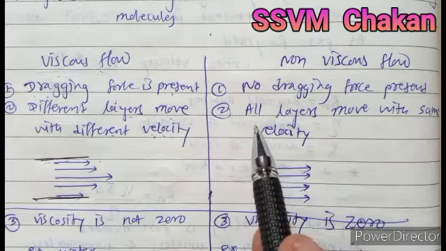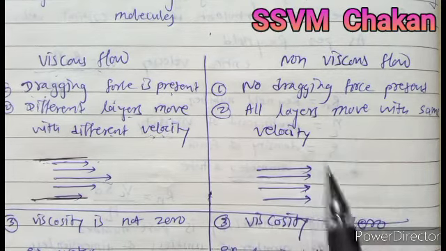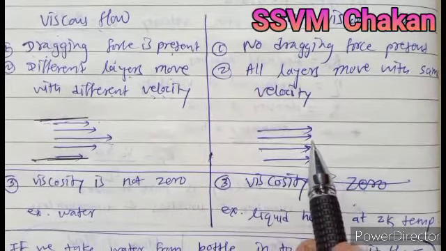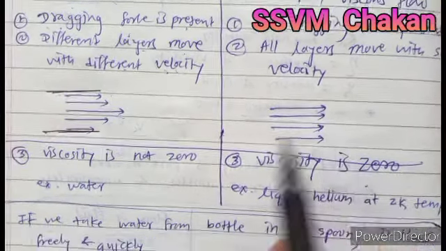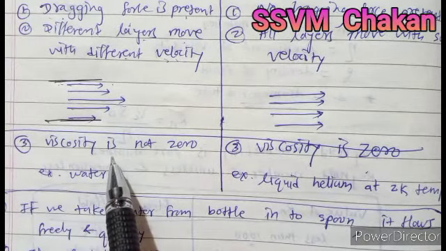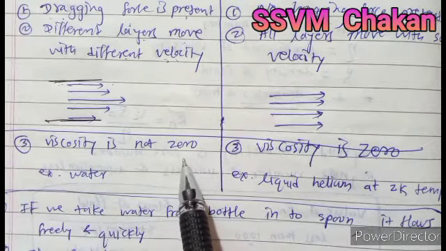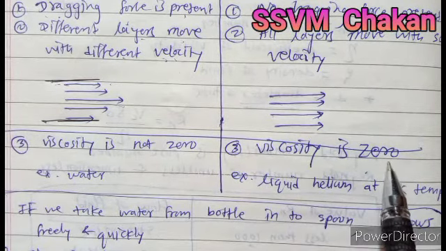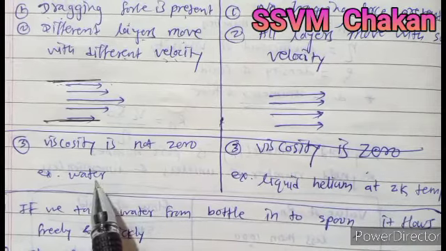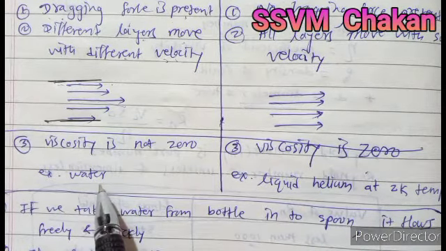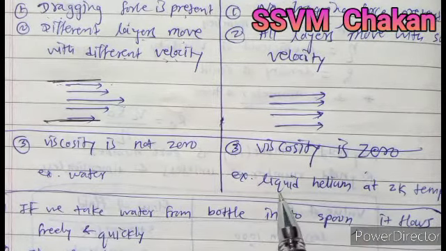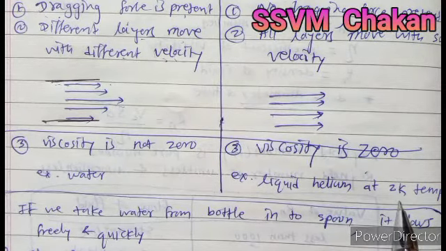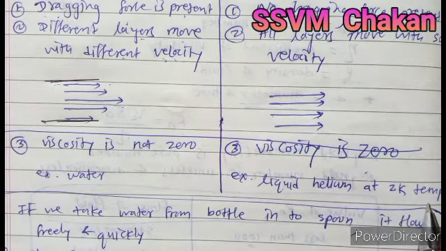In non-viscous flow, all layers move with the same velocity. There is no change in velocity of different layers in a non-viscous flow. Third, viscosity is not zero in viscous flow, but in non-viscous flow, viscosity is zero. Example of viscous flow: water or oil. Non-viscous: liquid helium at 2 Kelvin temperature.